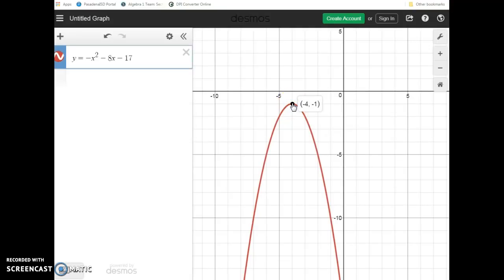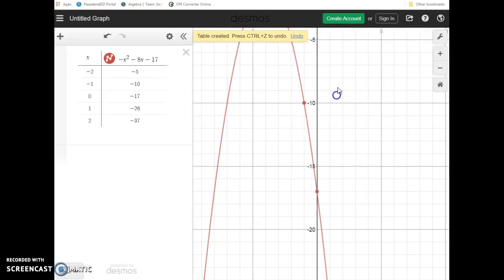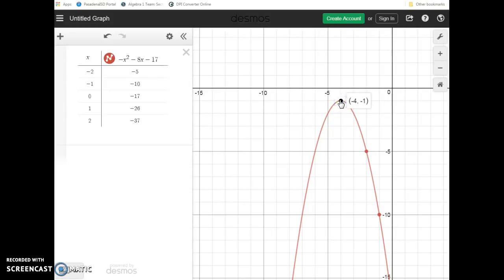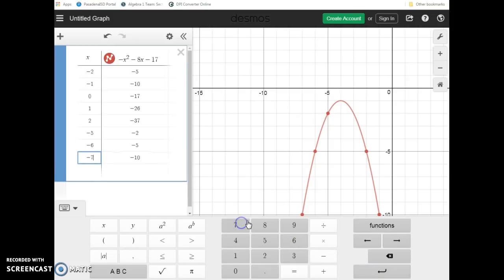You can touch the vertex. You can hit settings and open up the table for the rest of the points. You can always ask for more points. So like this one is -2, -3, -4. So I can ask for -5, -6, -7, -8, and so forth.